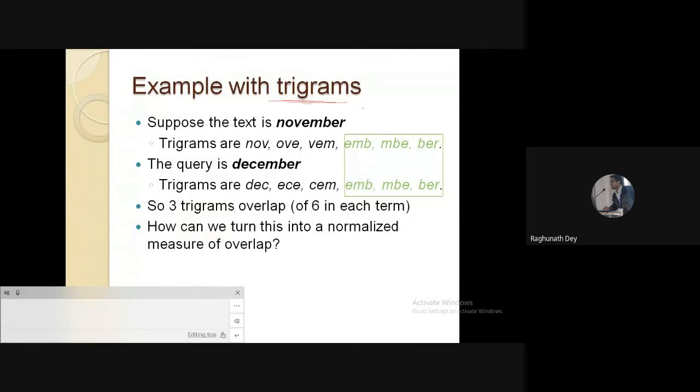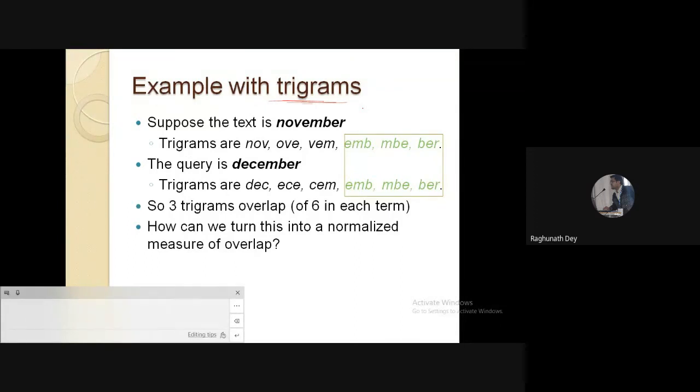Only those particular words which have a huge overlap, meaning very similar, should I compare, instead of comparing those words which are very dissimilar or do not have any overlap between them. Have you got the concept?